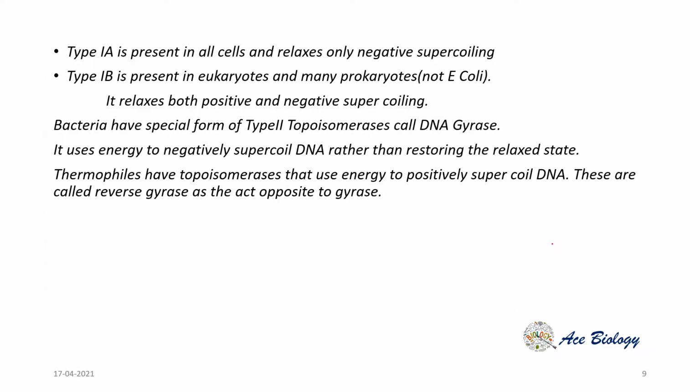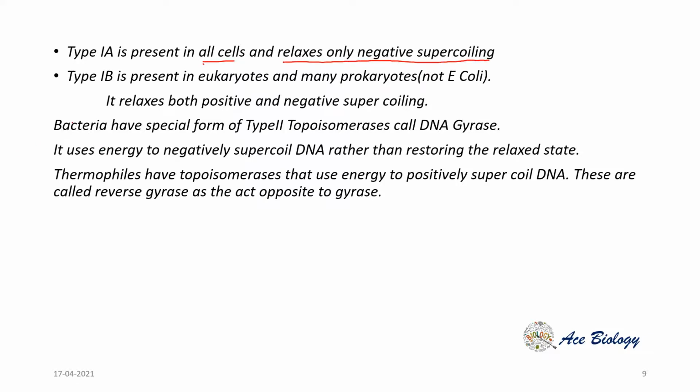Now these two topoisomerases can have different subclasses. Type 1 topoisomerase has three subclasses: type 1A, type 1B and type 1C. Type 1A is present in all cells and it will relax only negative supercoiling.